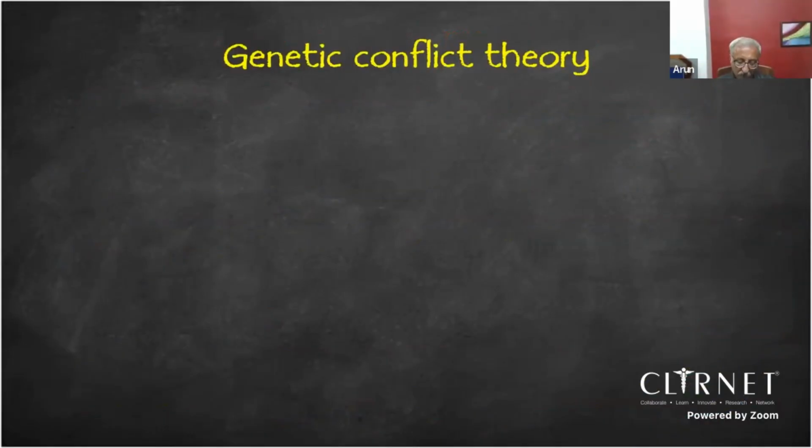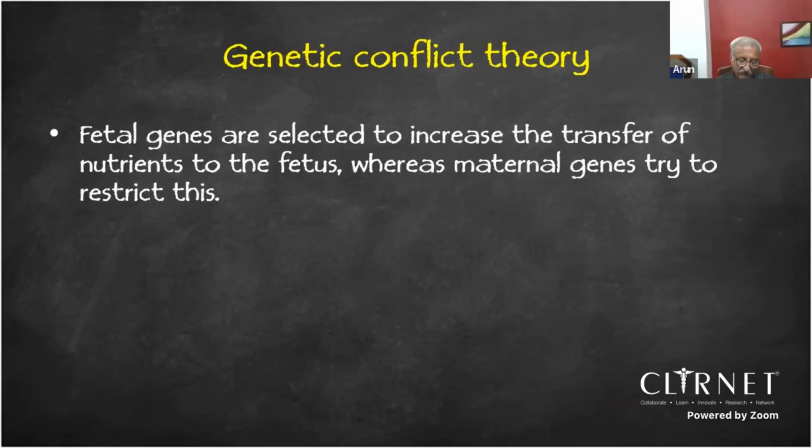Another thing is the genetic conflict theory. Like I told you, the mother tries to reject the paternal or father's genes. Similarly, it happens here also. Fetal genes are selected to increase the transfer. Fetal means here it is paternal.